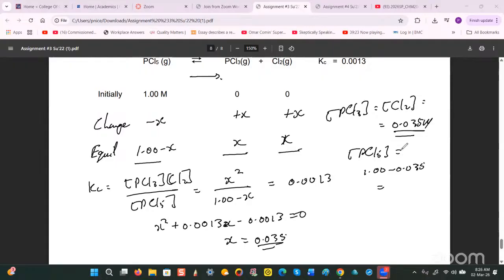And when I worked that out, I got 0.97, rounded off to 2 decimal places. 0.97 M. And that's how that is done.